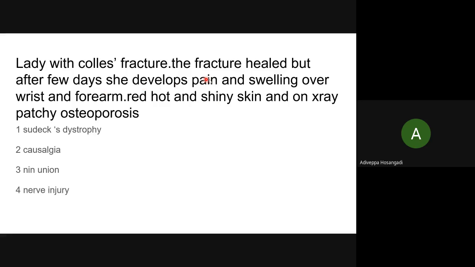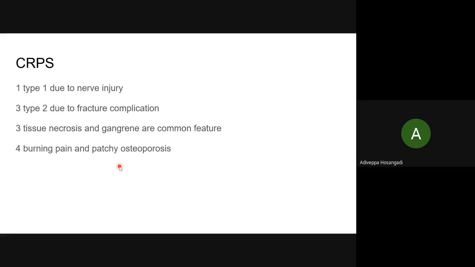A lady with a Colles fracture healed, but after a few days she developed pain and swelling over the wrist and forearm. Red, hot and shiny, and on X-ray, patchy osteoporosis is seen. Sudeck's dystrophy. Very good. Sudeck's dystrophy is an old terminology. Nowadays we call it reflex sympathetic dystrophy, RSD. Please remember this. Also called CRPS.